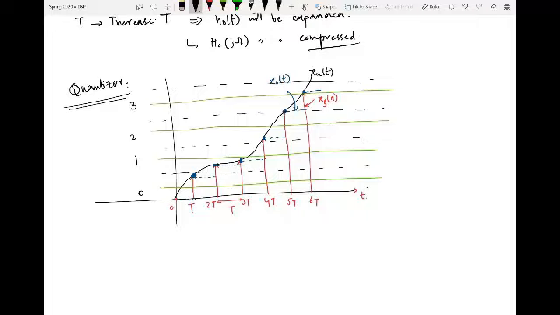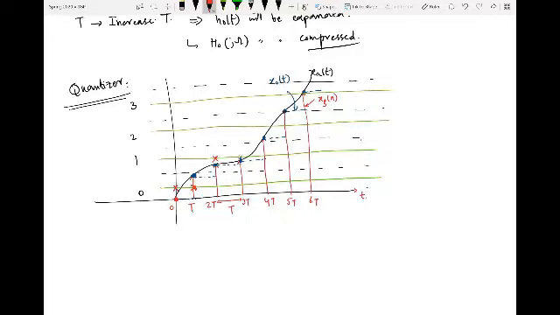Now the quantizer will take each sample and map it to the nearest green line. Starting from the first sample, let's say we consider this one. The nearest line is this, so I am showing it with a cross just to differentiate. It will map it here. The second one is again mapped to the same point over here. The third one will be mapped to this point.